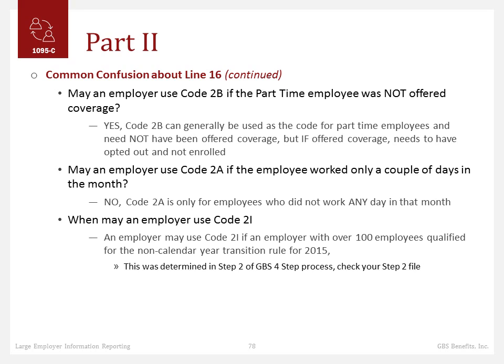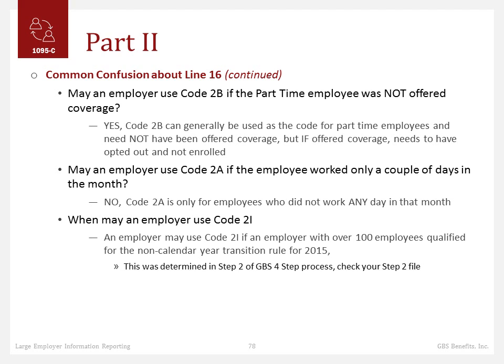When may an employer use code 2I? 2I is the code that applies to those who had 100 or more employees in step 1 in our 4-step process and who in step 2 qualified for the non-calendar year transition rule for 2015. If you have not gone through the steps, you will likely not know what I'm talking about.